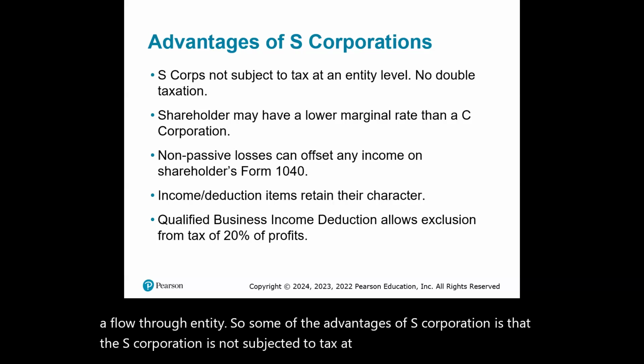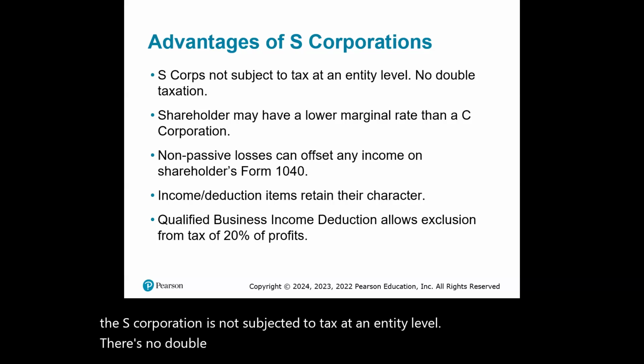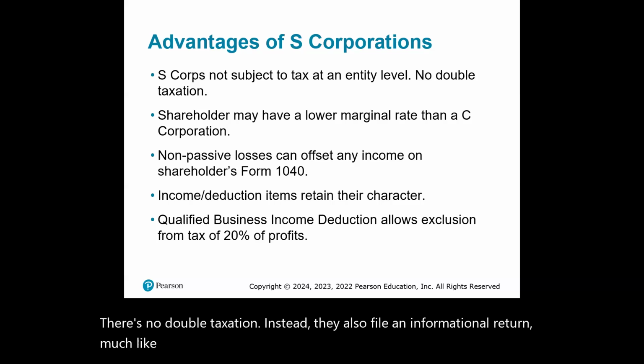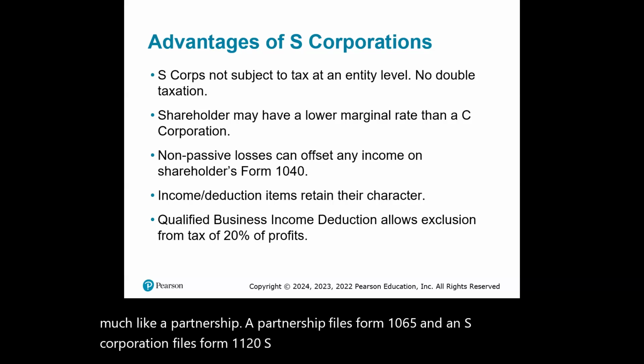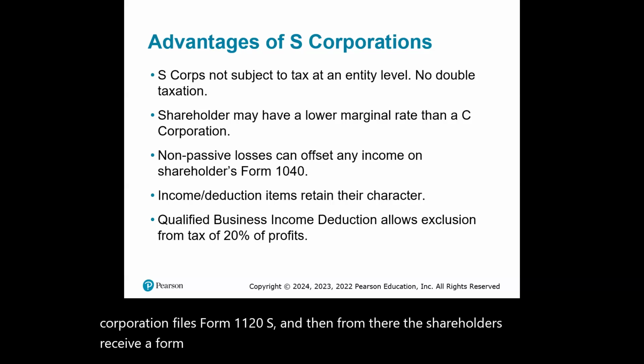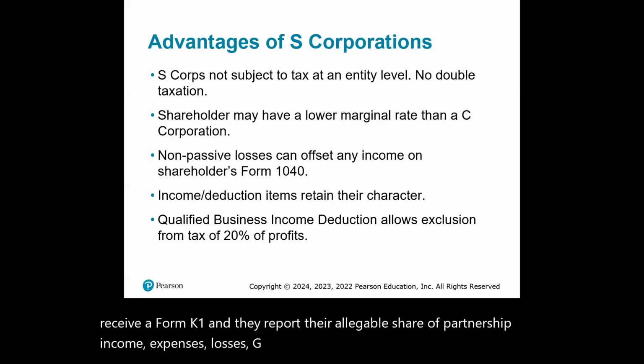There's no double taxation. Instead, they also file an informational return, much like a partnership. A partnership files Form 1065, and an S corporation files Form 1120S. And then from there, the shareholders receive a Form K-1, and they report their allocable share of income, expenses, losses, gains, credits, deductions, etc.